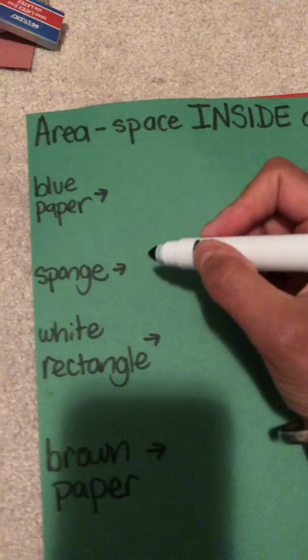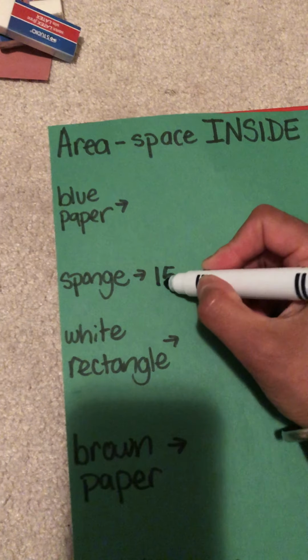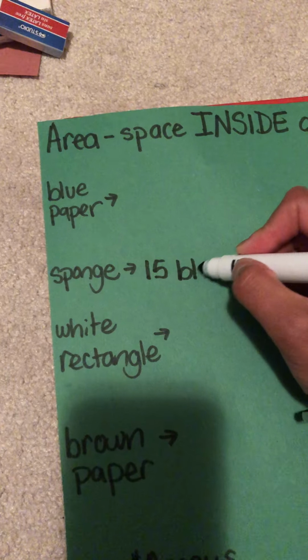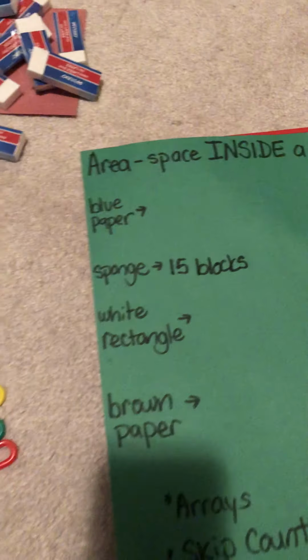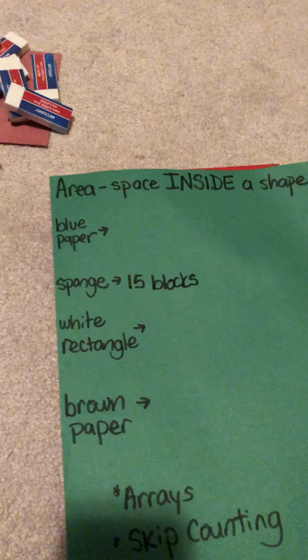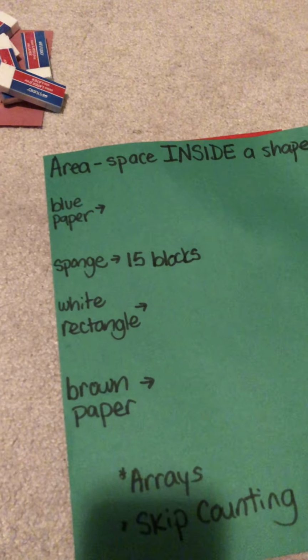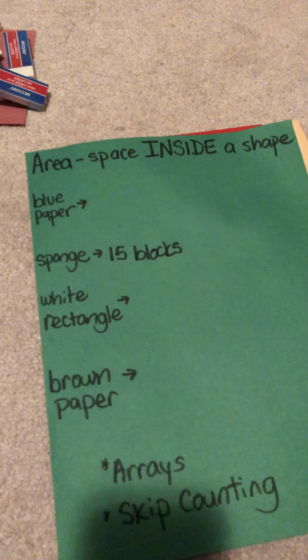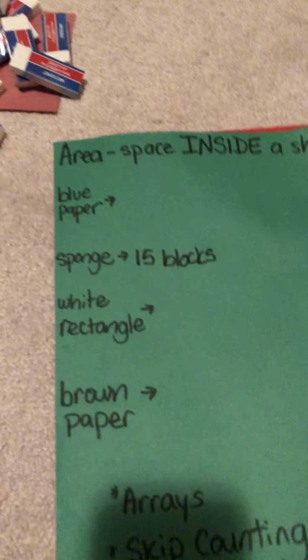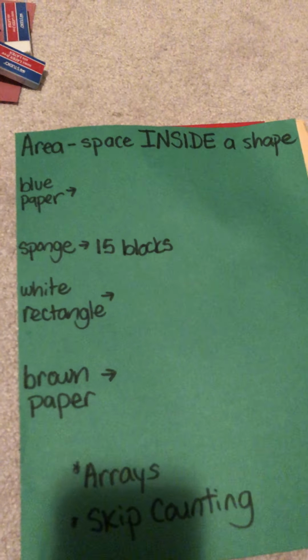And I'm going to put it right here. Okay. It's actually 15 blocks squared, but we're going to get into that over the next few lessons, okay? So it was 15 units inside.